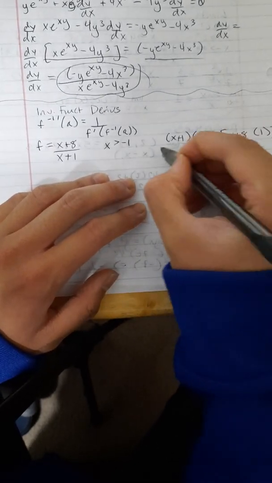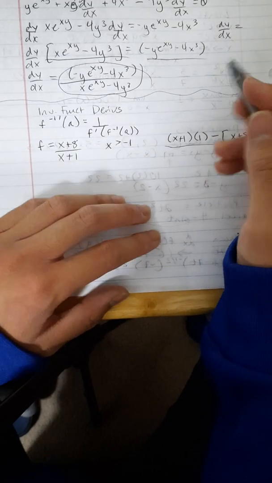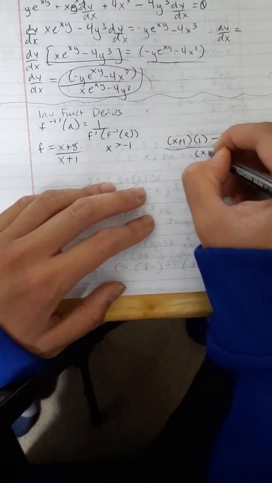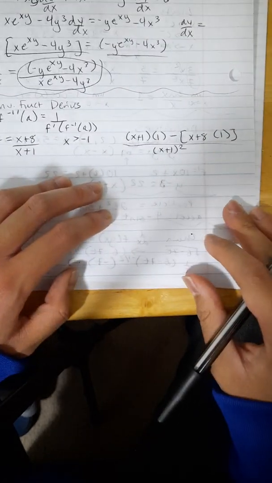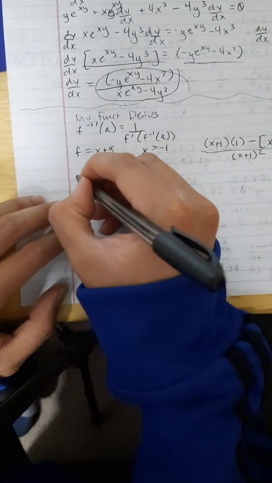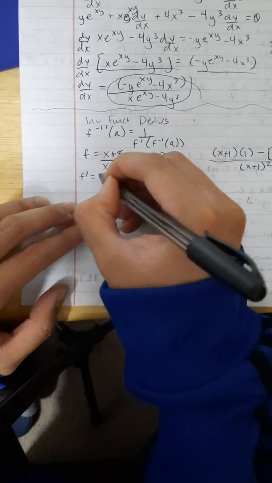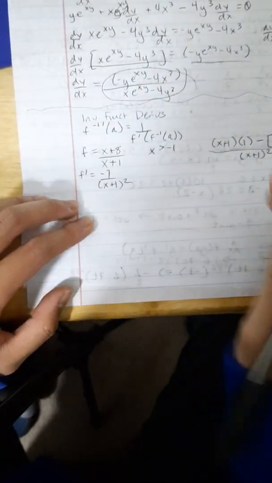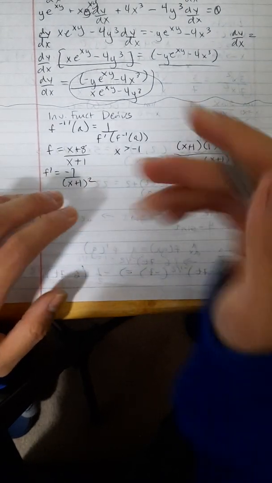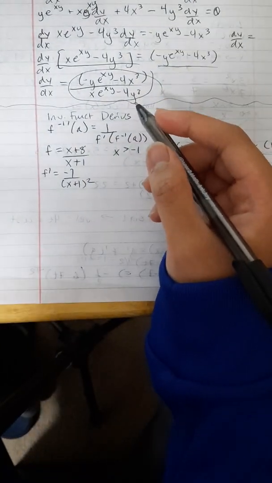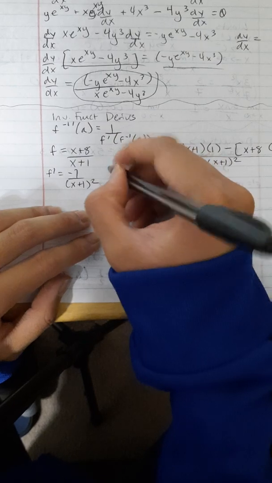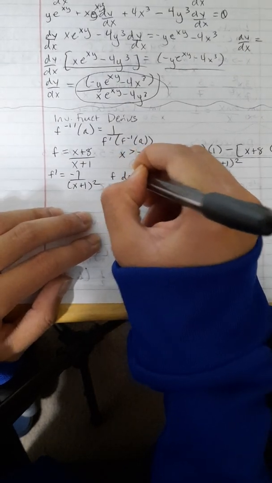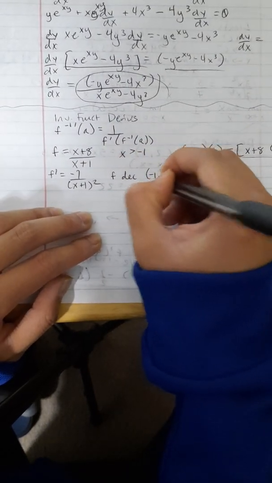Both have derivative 1. And then at the bottom, we have (x plus 1) squared. When we do all of that, we get f prime equal to -7 over (x plus 1) squared. So from this, we know that f is decreasing on -1 to infinity.